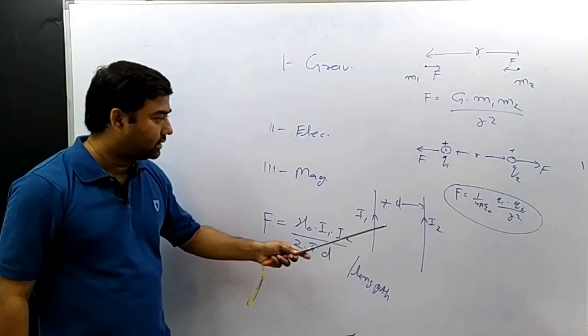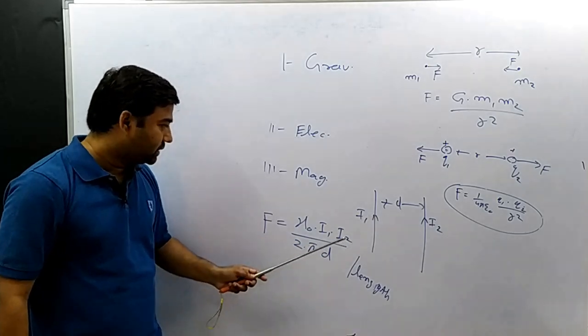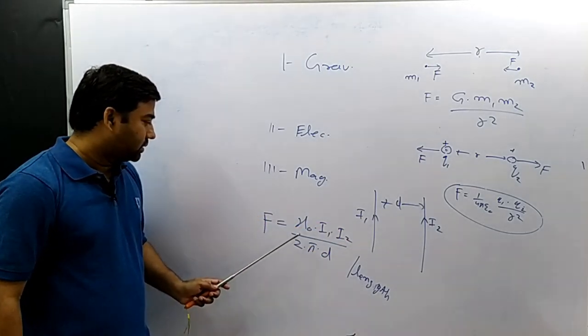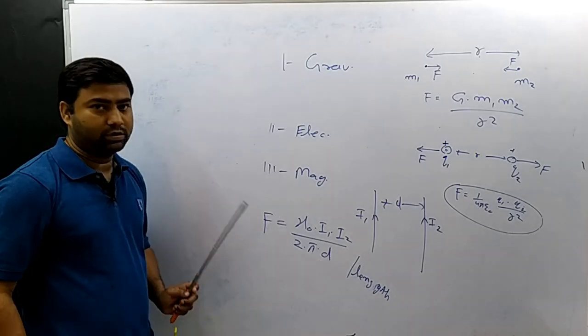I1 is current on this wire, I2 is current on this wire, d is the distance between these two parallel wires, and this is the force.